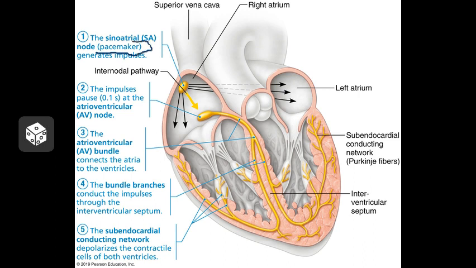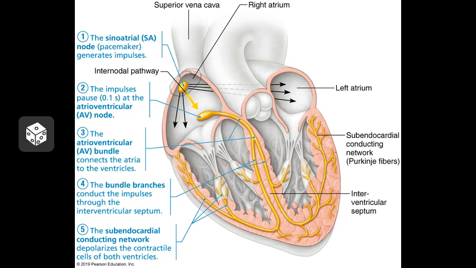And these are the ones that are going to initiate and generate the impulses. Now, the major pacemaker, the big boss of this conduction system of the heart, is the SA node or sinoatrial node, located in the superior, a little lateral part of the right atrium.